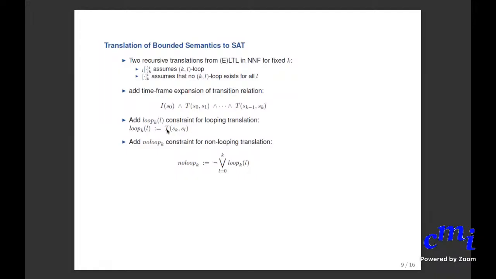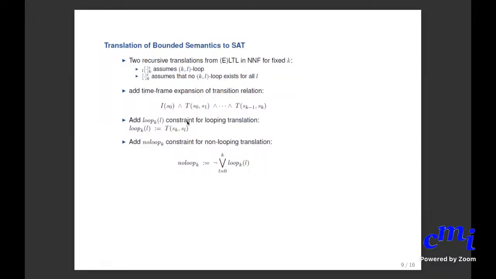And to this, we add a looping constraint to characterize the looping case. We add a loop K, which is a constraint that characterizes the fact that there is a KL lasso.